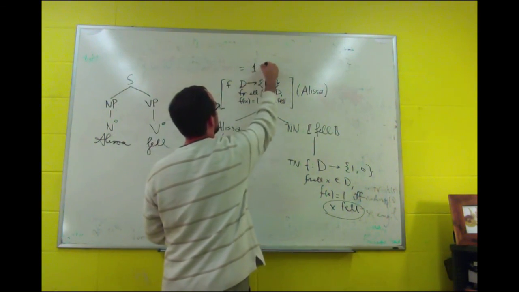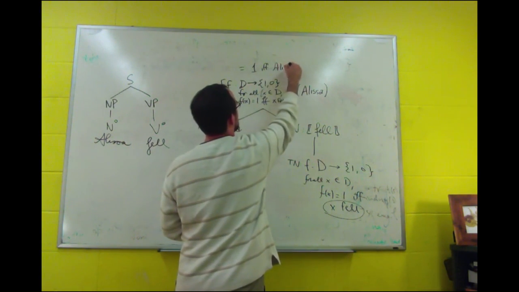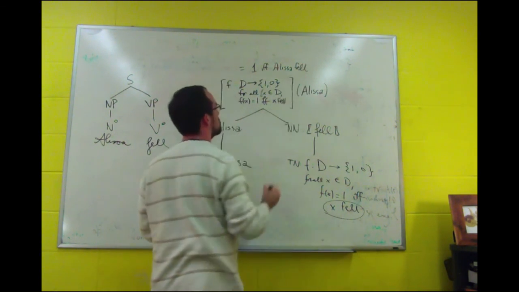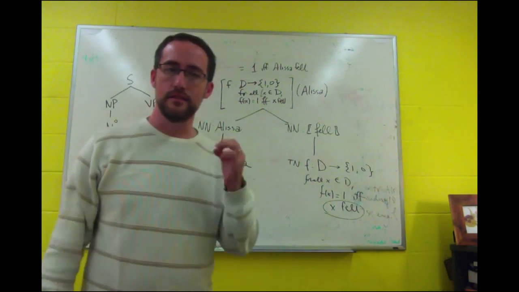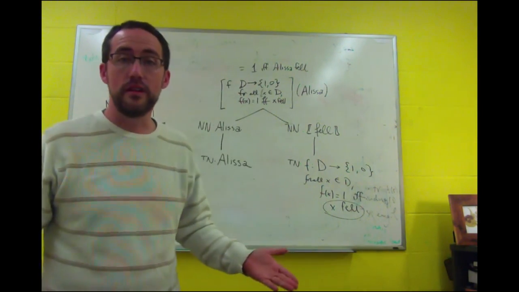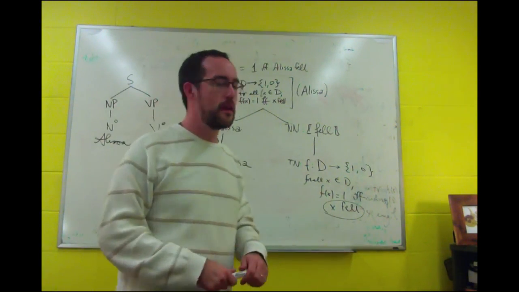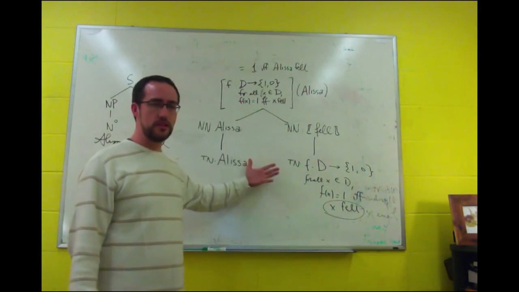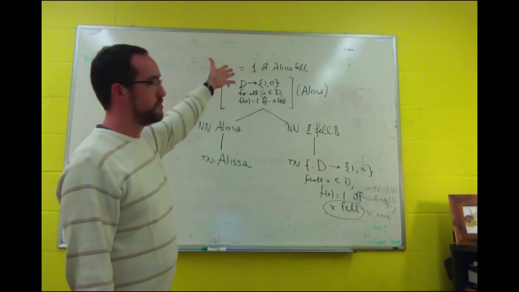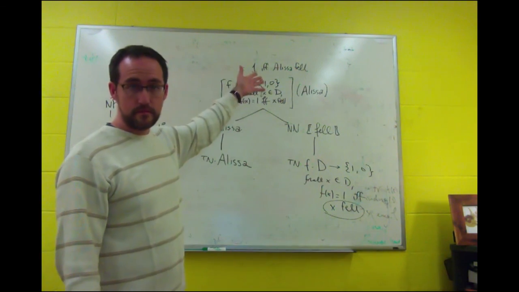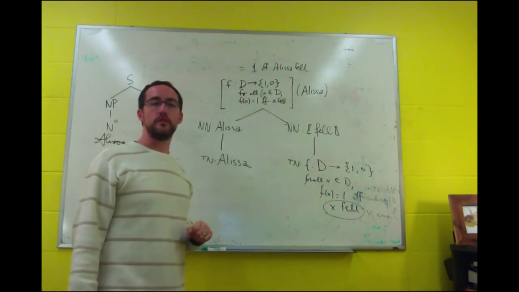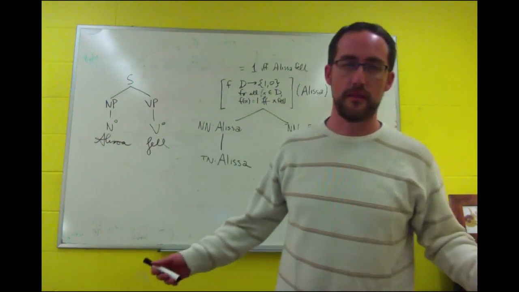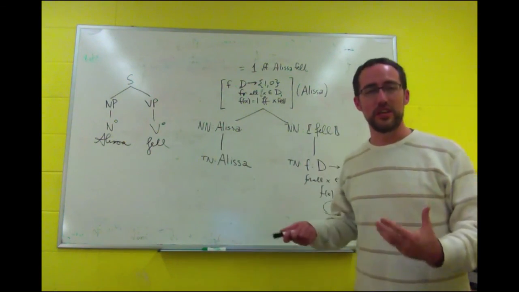And essentially, the result will be 1 if and only if Alyssa fell. So 1 if she did, 0 if she didn't. Which one is it? Well, it depends on what happened. So if you describe a situation as Alyssa fell, and she actually did, then the sentence will be true. If she didn't fall, it's false.